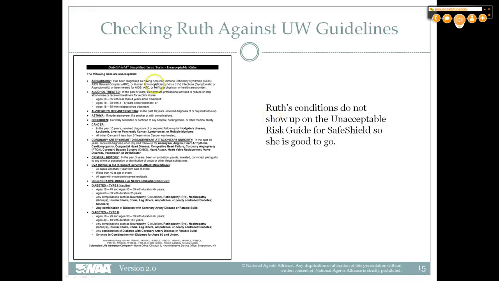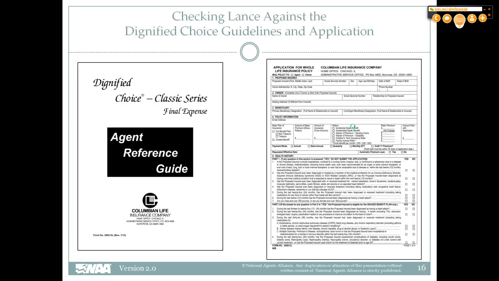So we look up on the SafeShield Simplified to Determine Acceptable Risks. And we see that out of all these issues here and on page 2, her conditions of Synthroid or hypothyroid and her high blood pressure are not even called out here. So she's good to go with the SafeShield product.